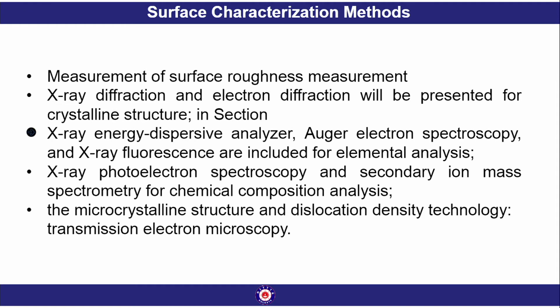X-ray energy dispersive analyzer, Auger electron spectroscopy and X-ray fluorescence are included for elemental analysis. X-ray photoelectron spectroscopy and secondary ion mass spectrometry are used for chemical composition analysis, and transmission electron microscopy for the microcrystalline structure and dislocation density.